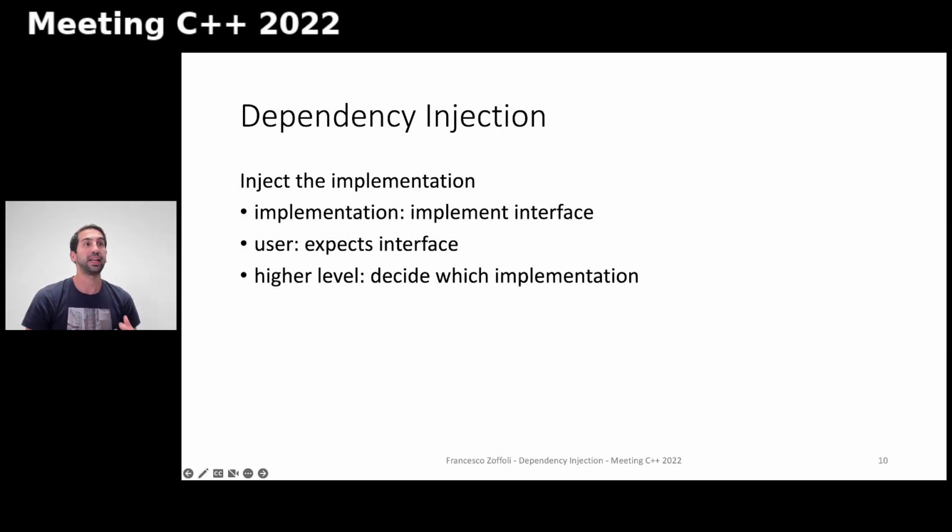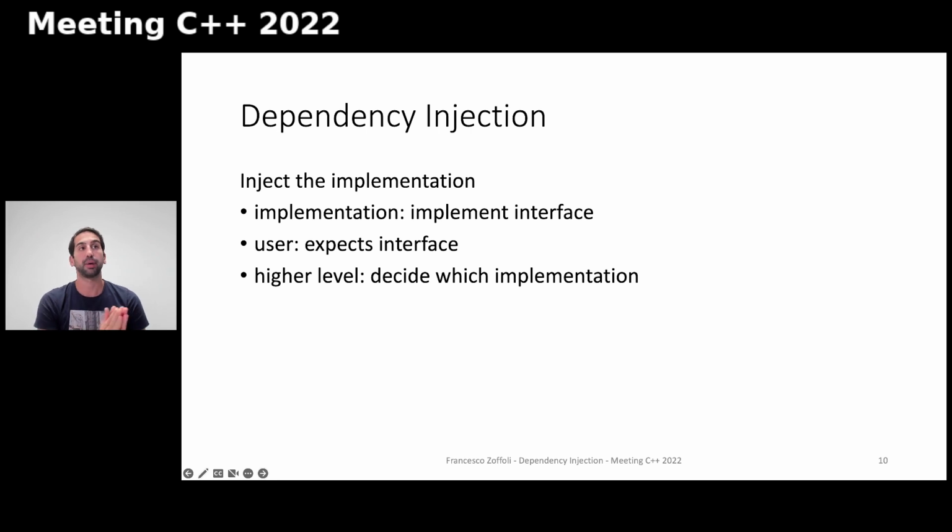The idea is that we inject the implementation into the user. So we have various implementations, or even a single one, which implements an interface, and the user expects this interface. And some higher level code is going to decide which implementation to provide to the user.